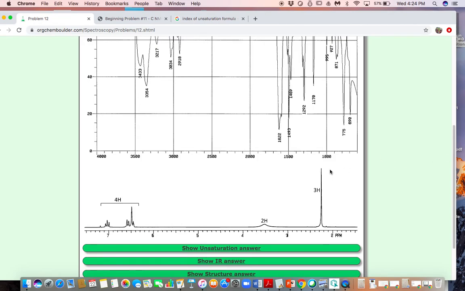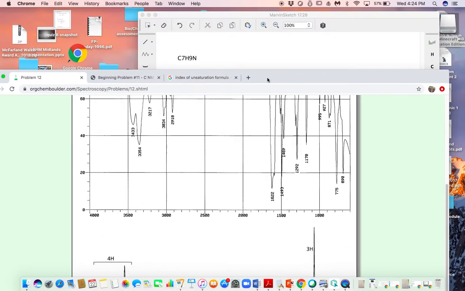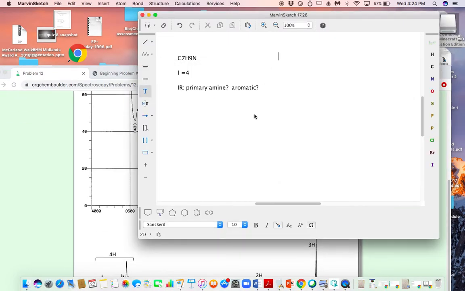All right, so here in this one, we actually have 4 different signals, but 2 of them are sort of having trouble being read individually by the machine as far as the integrations go. So this one sort of collectively took these 2 signals down here as 4 hydrogens. So I'm going to count them together.